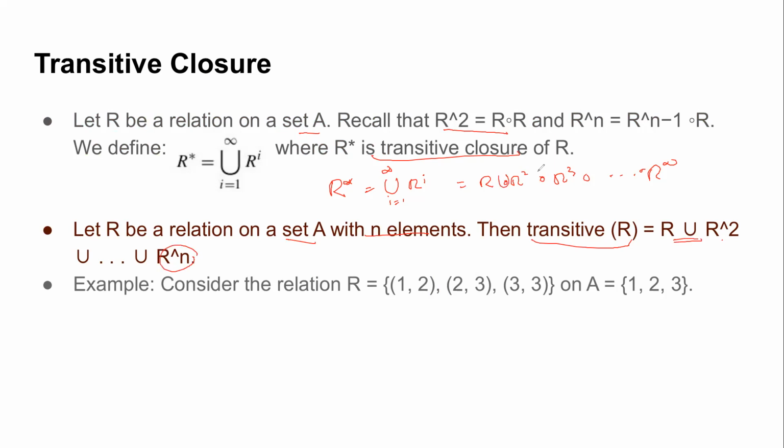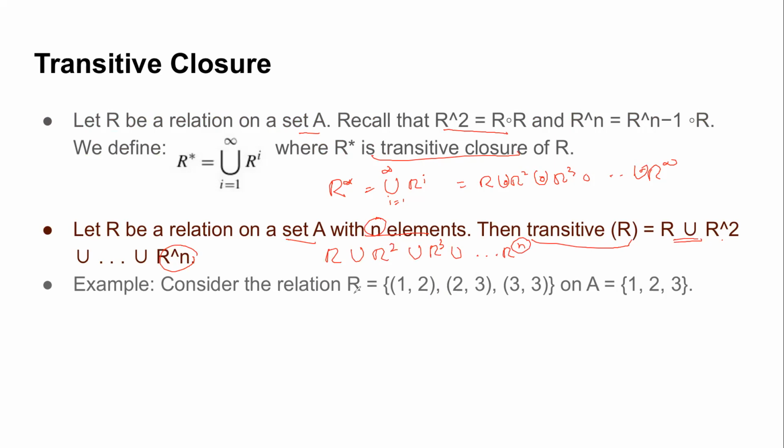You take the union of R square, R cube till the power which is the same as the number of elements there, and you are assured to get a transitive closure. That is the smallest possible transitive relation of R.